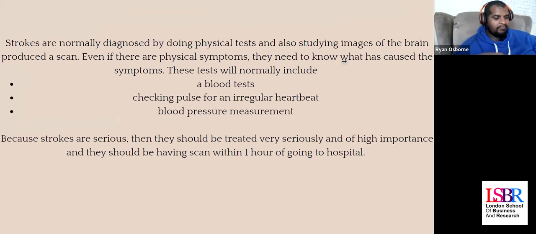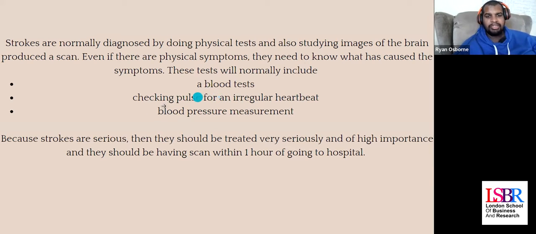It's important to notice that even if there are physical symptoms, they need to know what has caused the actual symptoms itself. Now, these tests will normally include a blood test.